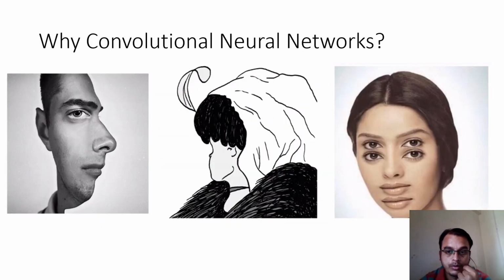Okay, now why do we have to switch to the convolutional neural network? These are the examples. If you look carefully at the first image, whether the person is looking on the front side or on the left side, you are completely unaware. It's completely jumbled and confusing. In the second image, whether you're looking at a young lady or an old lady, it's completely confusing.